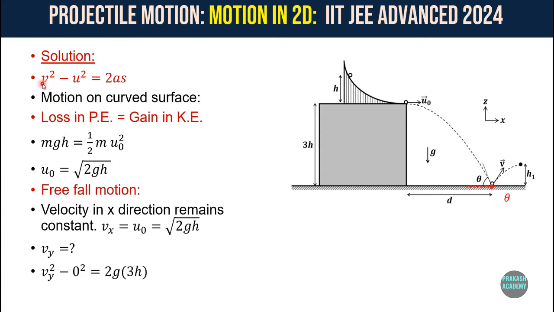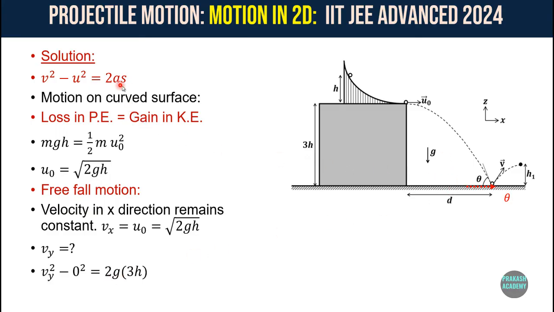So I can use this formula, that is v square minus u square equals 2as. V is the final velocity, u is the initial velocity, a is the acceleration and s is the distance. In this problem let us say the final velocity at this point is Vy, and initially there is no velocity in the y direction, so this is 0, and this is equal to 2 times gravity.